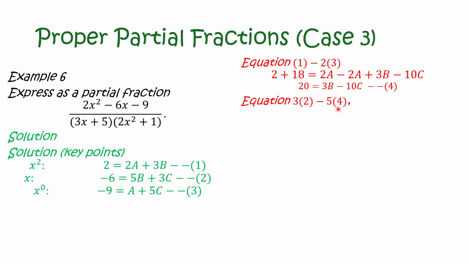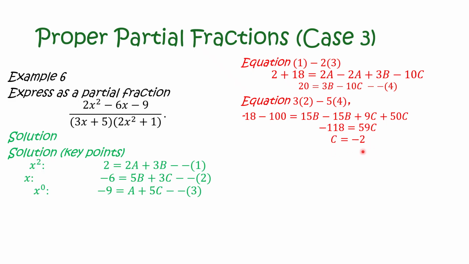Great. With this equation 4, we are saying equation 2 multiplied by 3 minus 5 times equation 4, we are going to have minus 18 minus 100 is equal to 15b minus 15b plus 9c plus 50c.